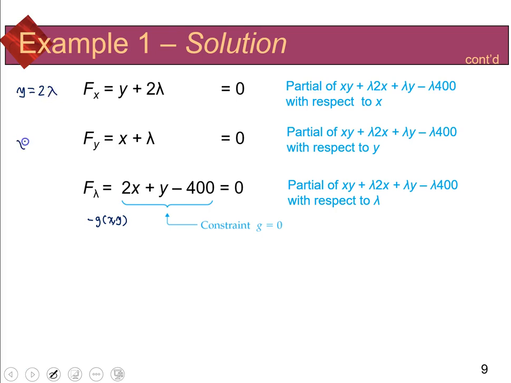I could see that x would equal lambda. So when I come down to this function here, I'm going to have 2 lambda plus 2 times 2 lambda equaling 400 if I put the minus 400 to the other side. And that's not a 2 times 2 lambda, it's just 2 lambda. So I'm going to have 4 lambda equaling 400.